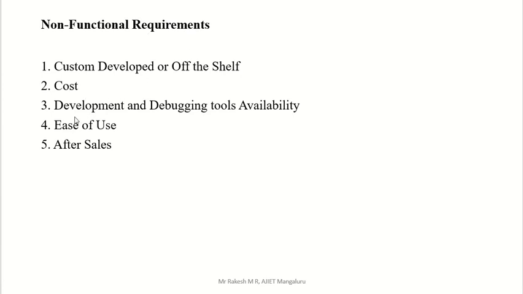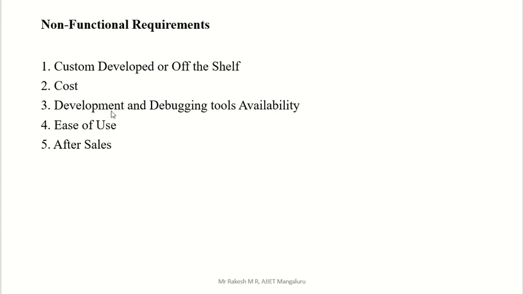Then we have development and debugging tool availability. Anyway, when you are taking one RTOS, what are the different development tools and debugging tools in that RTOS? We have to see everything. Otherwise, once you buy that software, you should not have to go for an update.